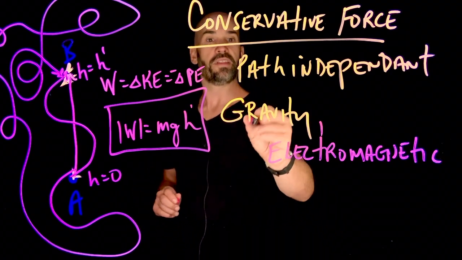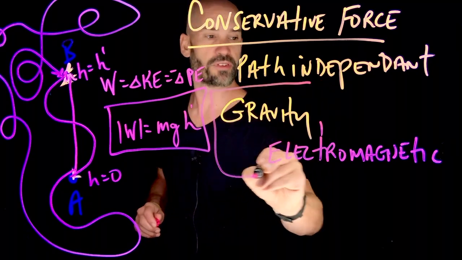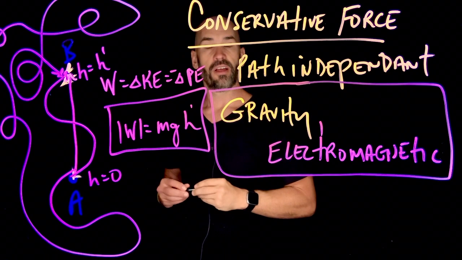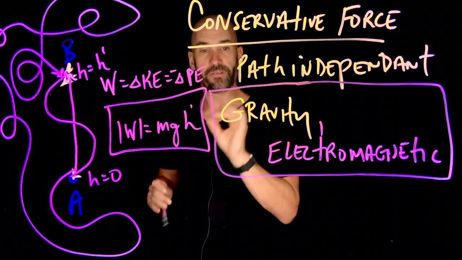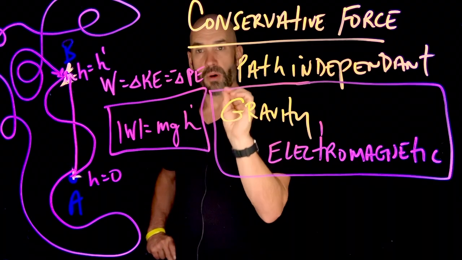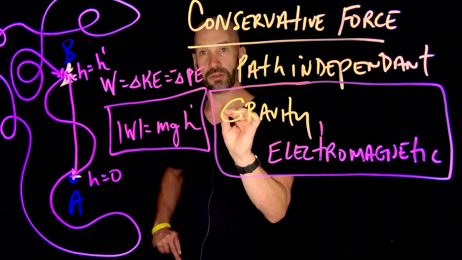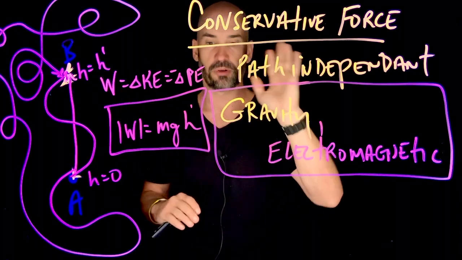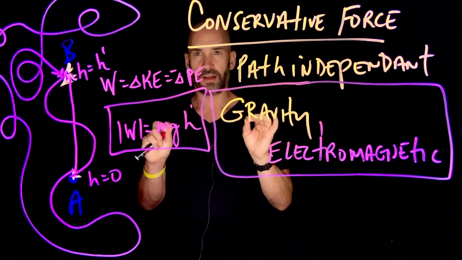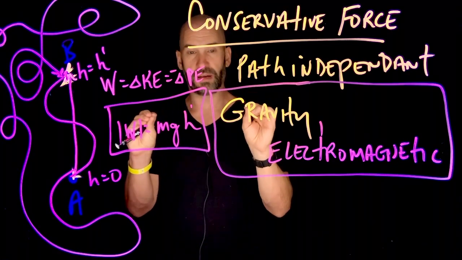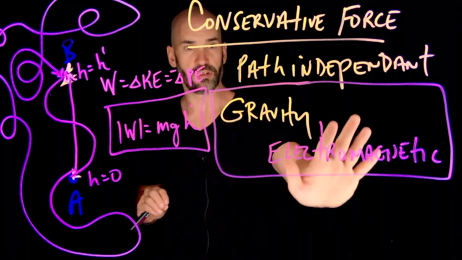But these are the two conservative forces that we'll be using the most, and these are the forces that we focus on whenever we're doing conservation of energy problems, okay? Most conservation of energy problems that we do will be in the world of gravity or in the world of electromagnetism, but it still turns out that we can solve a whole lot and make a lot of predictions about the future, even just using these two main forces.